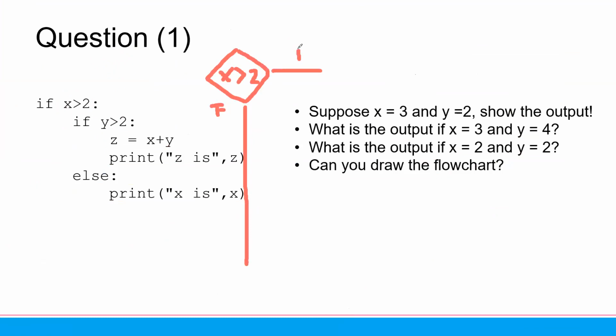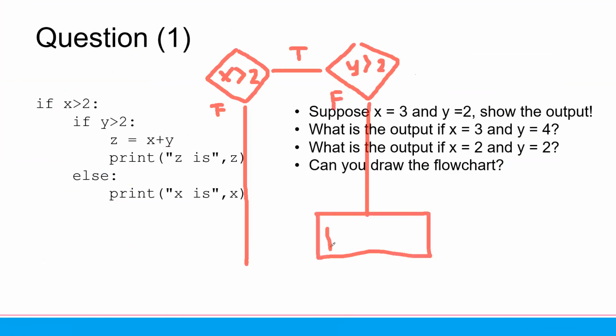If it is true, then we will check y is greater than 2. If it is false, then we will print x is x. Okay.